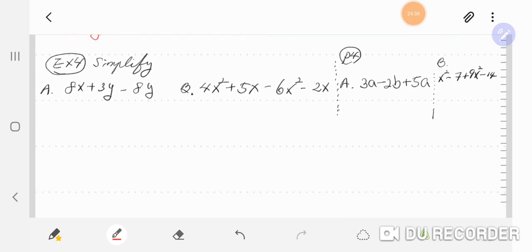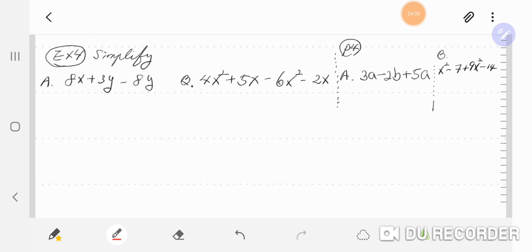Okay, let's keep doing this. There are 3 terms in this case. So let's find out the like terms. 3y and negative 8y are the like terms. And 8x is not, so leave it. And then what we do is add the coefficients 3 and negative 8.